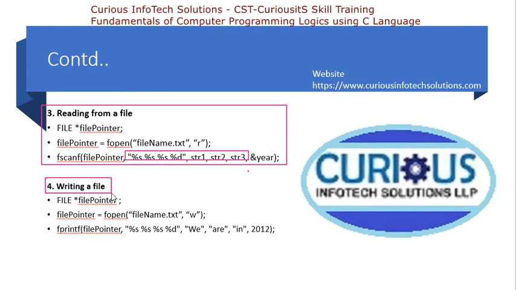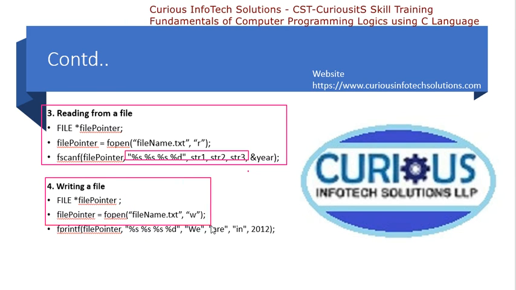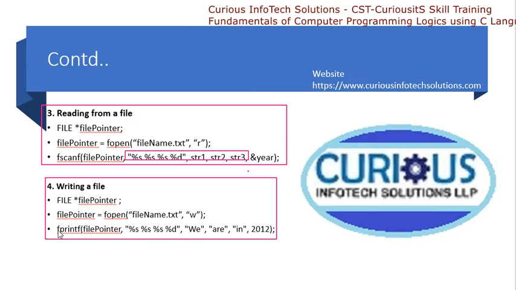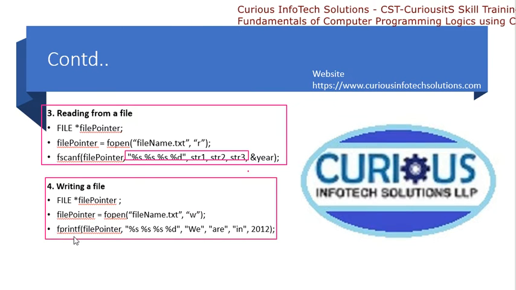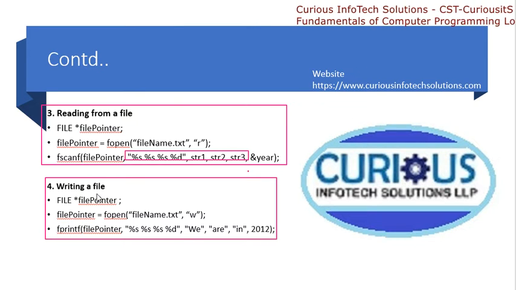Now come to writing a file. Make a file pointer, open a file, and print whatever we have. For example, printing means you want to display on a screen.